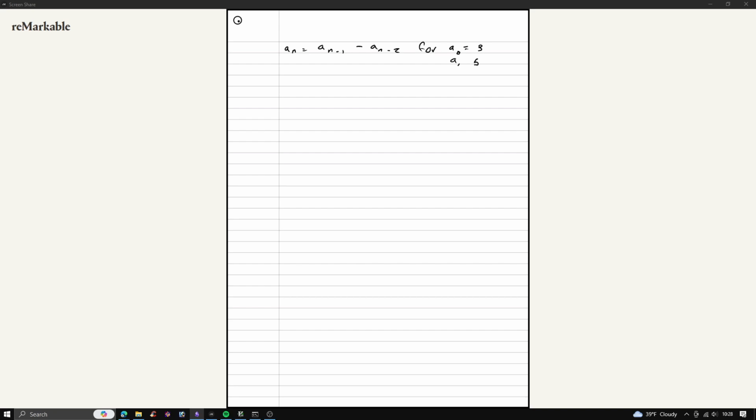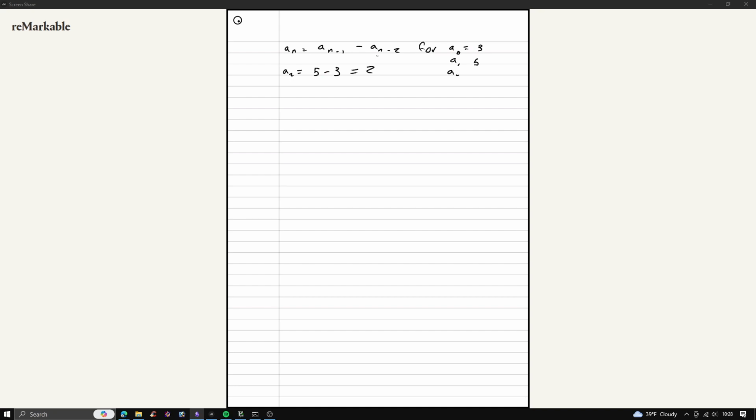Well, we have a of 0 and a of 1, so what's a of 2? We look back and we say a of n minus 1 is going to be a of 1, which is 5, and a of n minus 2 is going to be a of 0, which is 3, so 5 minus 3 is going to be 2.